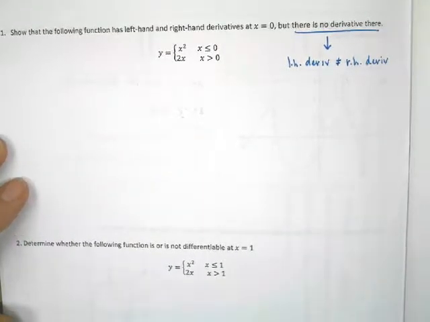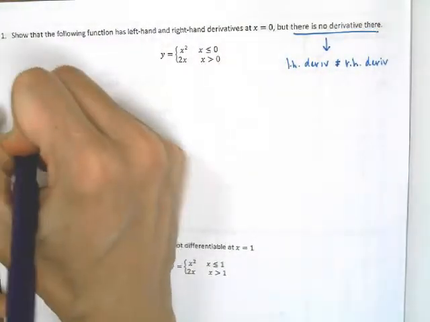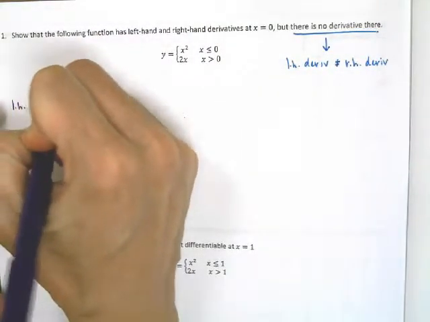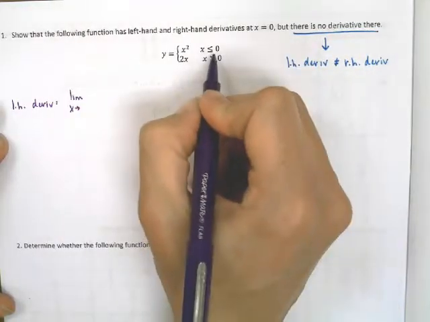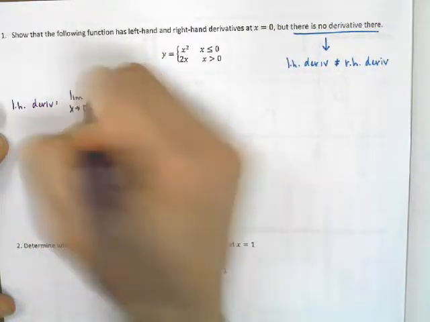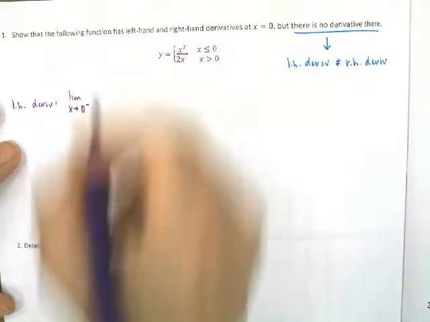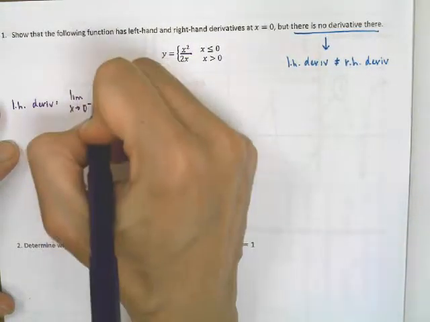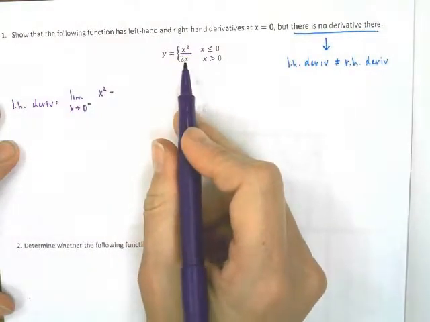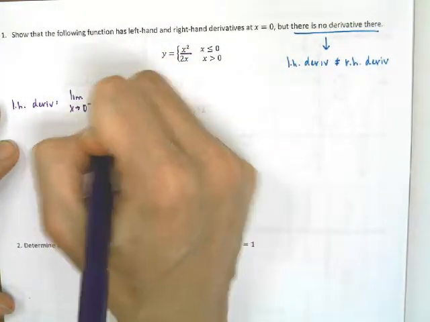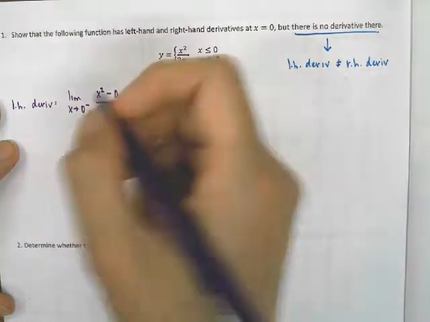So the first thing I'm going to do is take the left-hand derivative here. For my left-hand derivative, I know that's going to be the limit as x approaches 0 from the left, where f of x is x squared. So I'm looking at x squared minus f of 0, which is 0, over x minus 0.